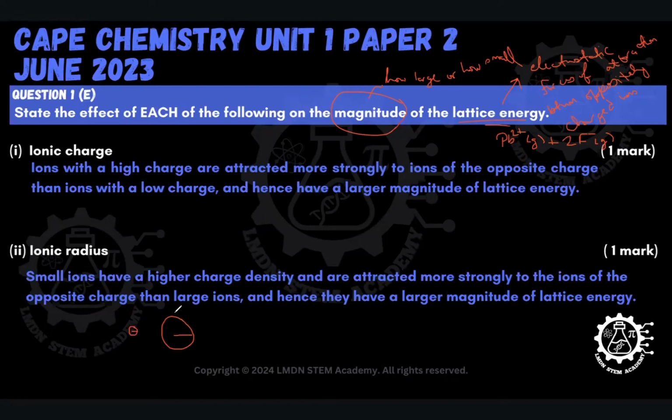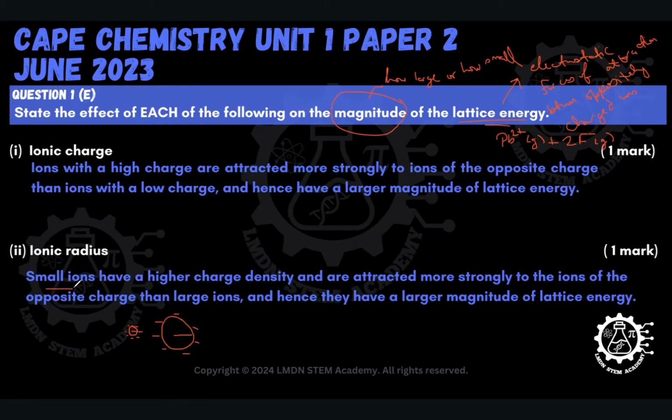In this instance, the charges on it are more spread out than in the case where you have a teeny tiny ion with a small ionic radius, and so you have a higher charge density. And so if you have a higher charge density, then they're going to be more attracted to the ions of the opposite charge than in the case for large ions.